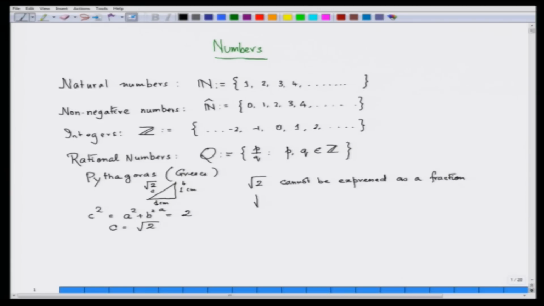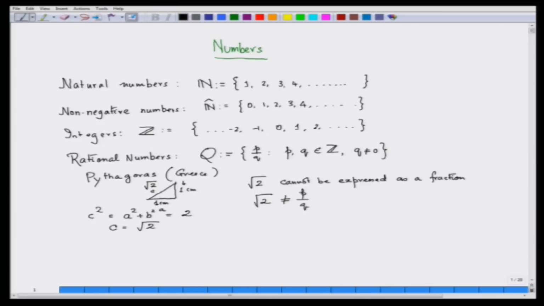So, root over 2, you cannot write it in the form P by Q. Of course, there are many other numbers which are not of the form P by Q, where P and Q are integers and Q is not equal to 0. Of course, you can ask me this, that what would happen if Q is equal to 0. So, such a thing is not defined, so we can just improve our writing a bit here.